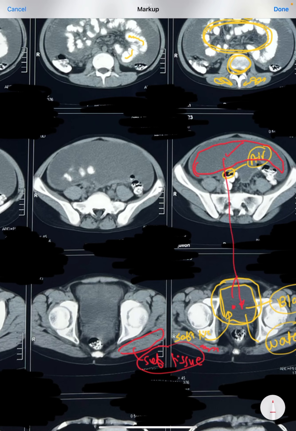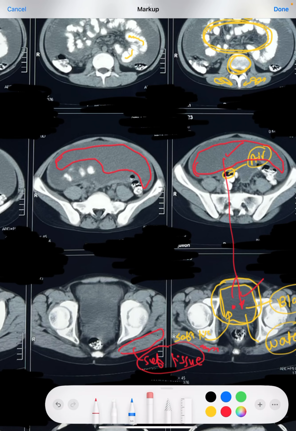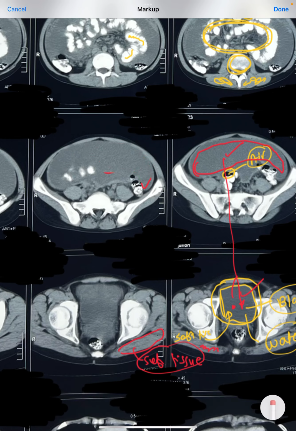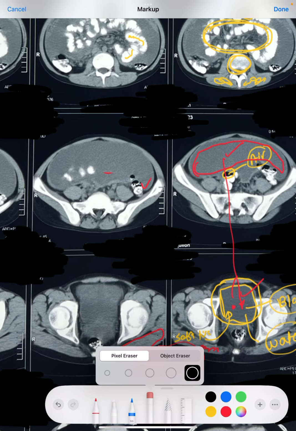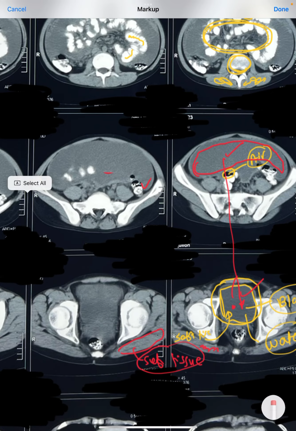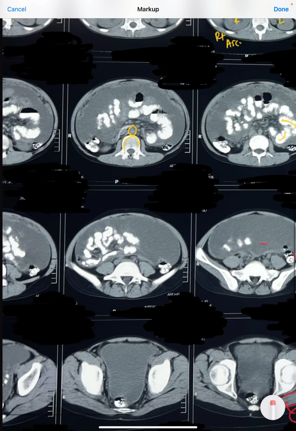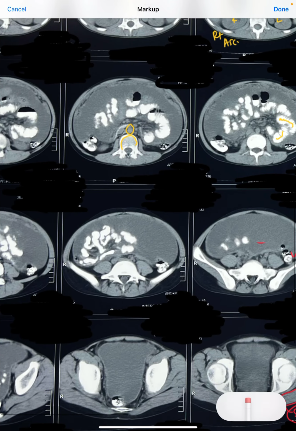So this density and this density are the same. It means there is water accumulated in the peritoneal cavity, and free water in the peritoneal cavity is called ascites. So this patient has huge ascites. You can very easily notice this all is ascites only.